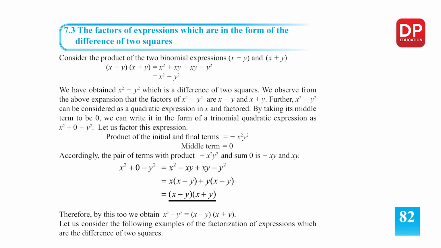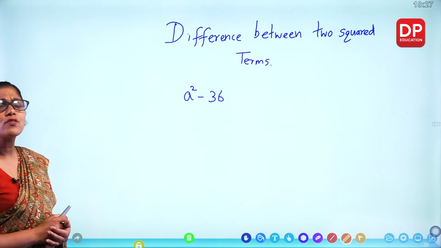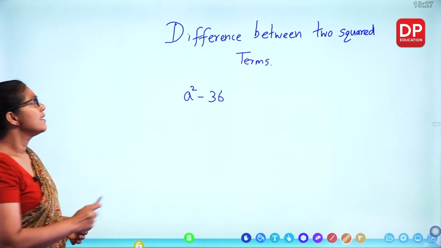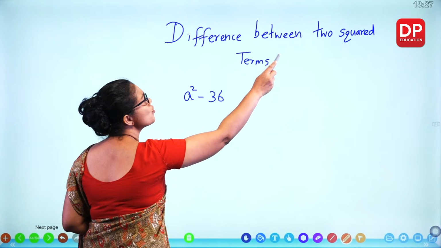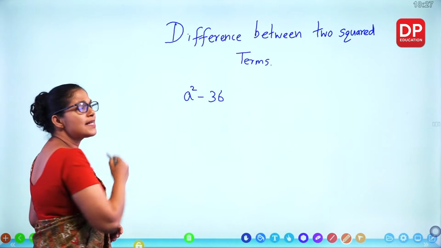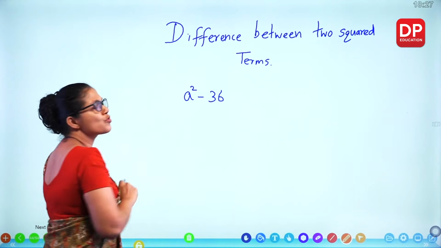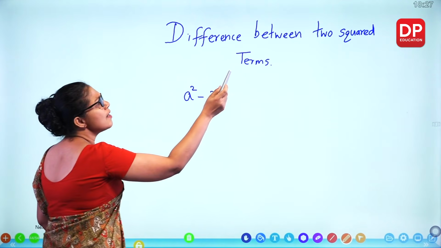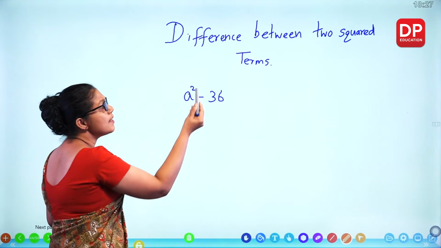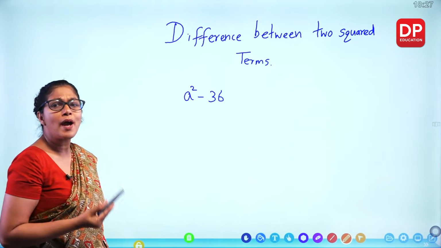Difference between two squared terms. Now look at this expression: a squared minus 36. Now we see two terms are there with a minus sign. So that's what we call difference between two squared terms. But we need to find out whether this number is also a squared term.